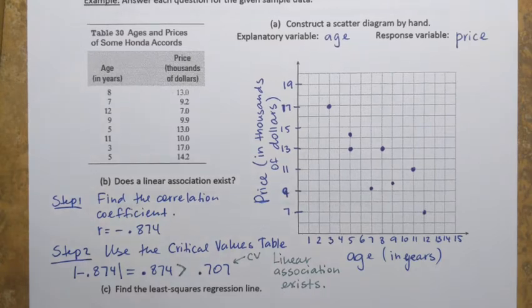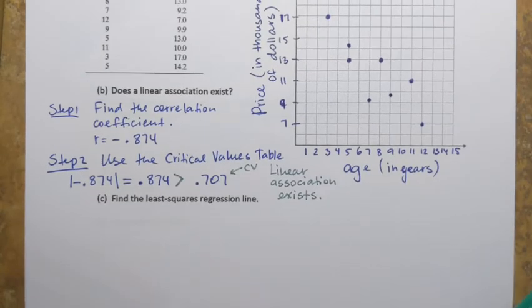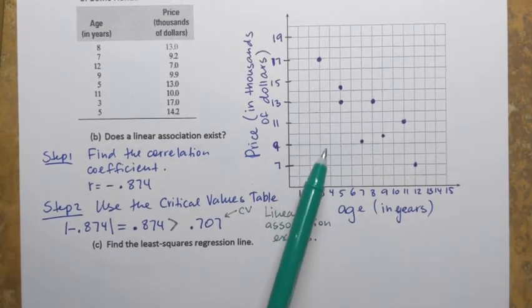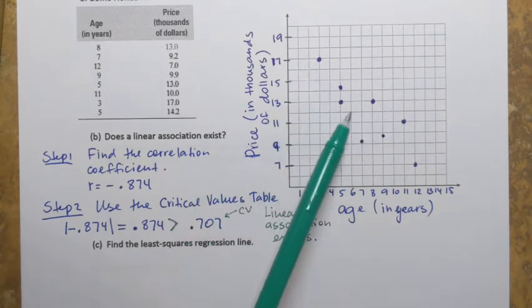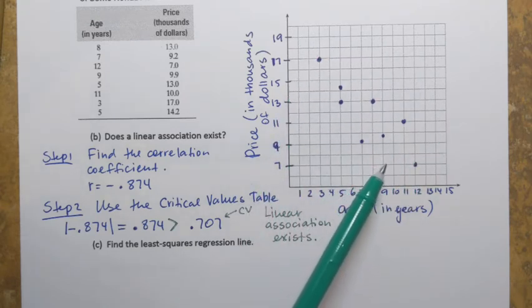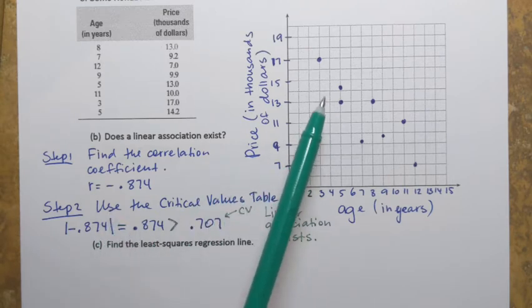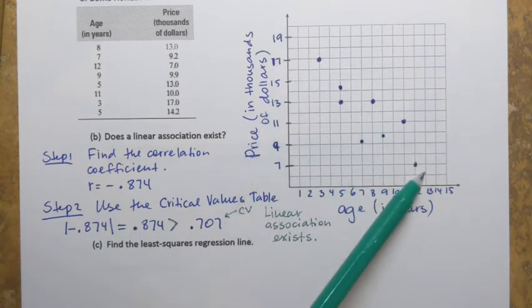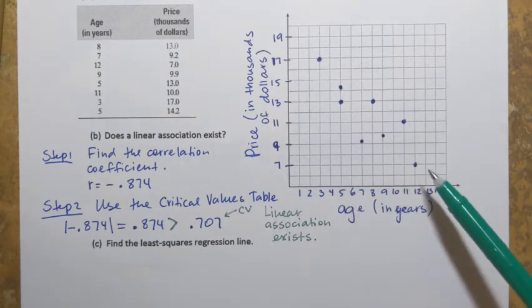Okay, well, let's move on. The next question is asking us to find the least squares regression line. So first of all, I have to note here that since linear association exists, it means that we can create a linear model that would describe this relation between the two variables. And I also forgot to mention that at the beginning we said that it looks like there is some kind of pattern, and we just confirmed that there is linear association.